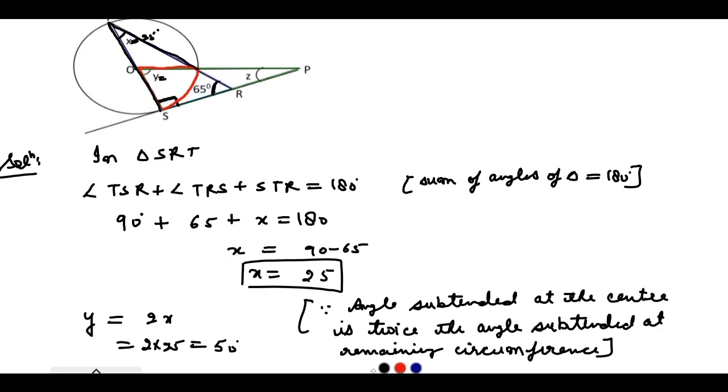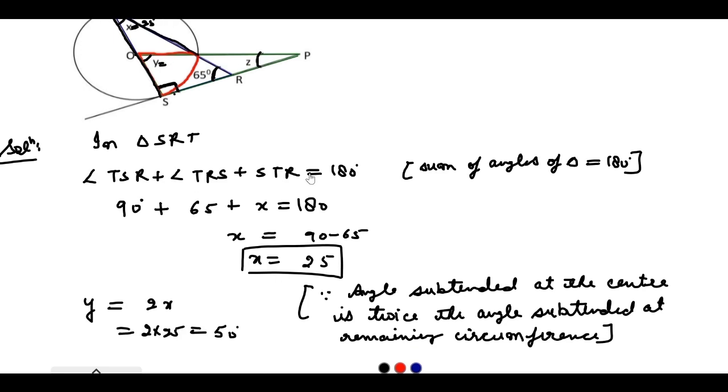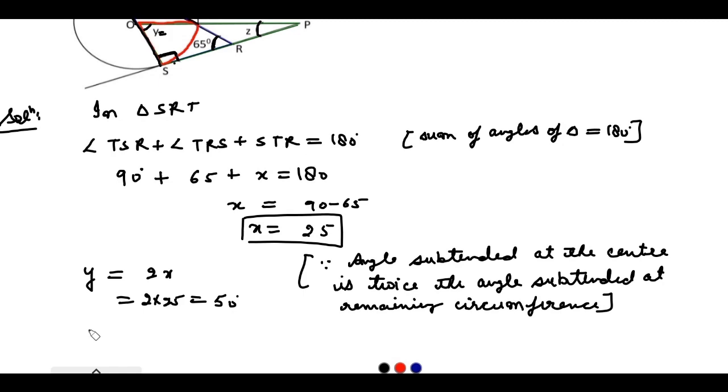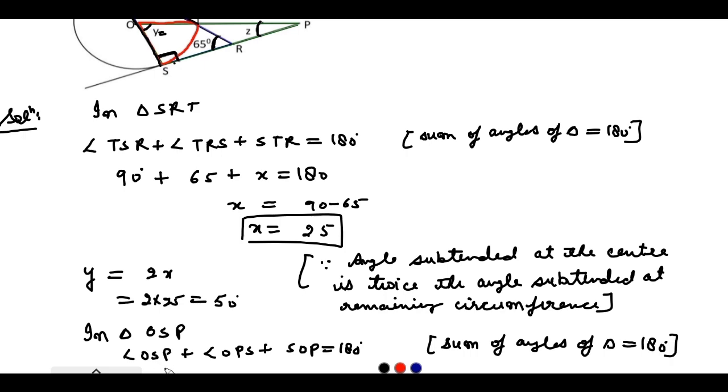Sum of angles will be 180. It means y plus z plus 90 is equal to 180, and this is 90 and y is 50 degree. In triangle OSP, angle OSP plus angle OPS plus angle SOP will be 180 degree, and OSP is 90, OPS is z, and this is y.